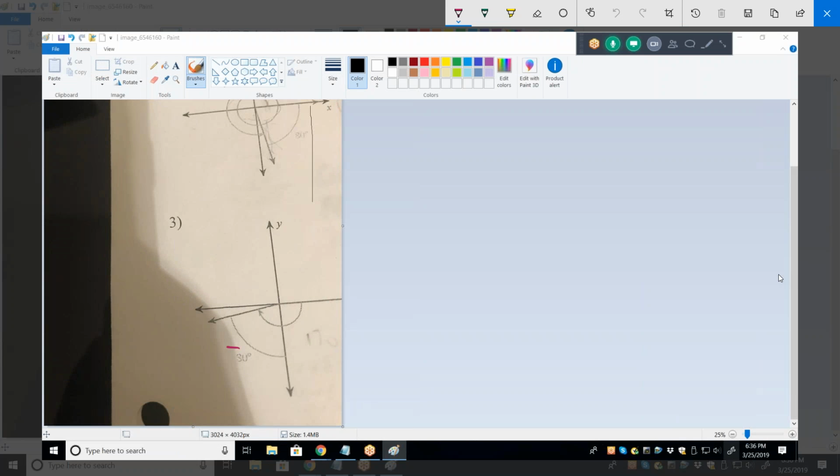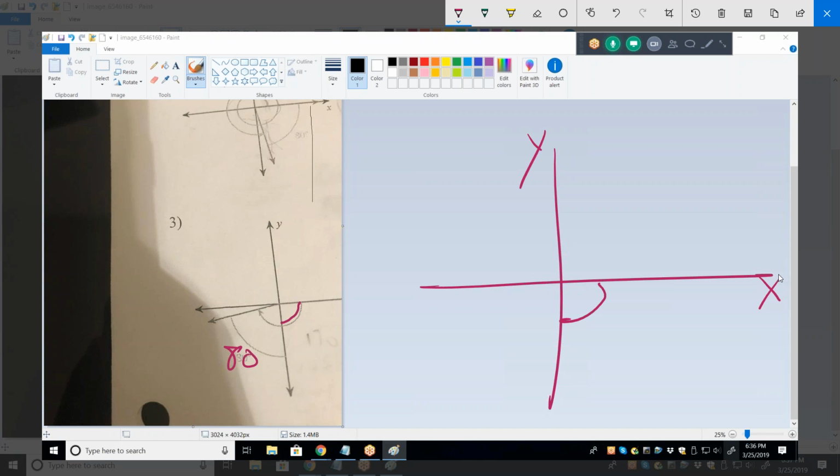So if that's 80, what's that? What's this angle? In any XY coordinate plane system, all these angles are right angles. Yeah, 90. Okay.